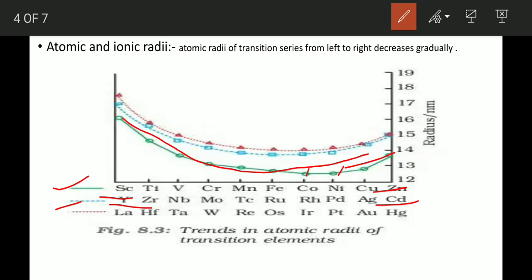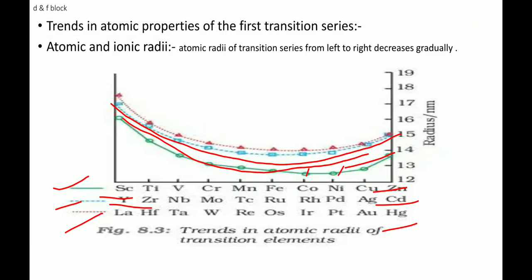Same thing here. Here is the curve which decreases, then increases, and last, lanthanoid to mercury. So atomic radii gradually decrease.